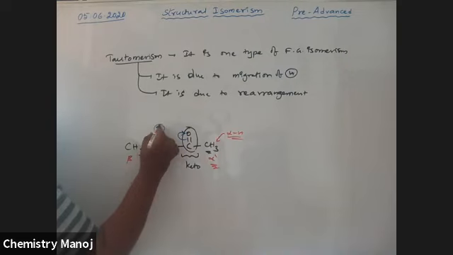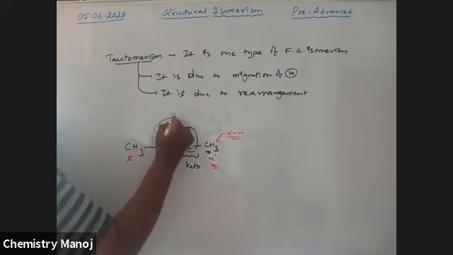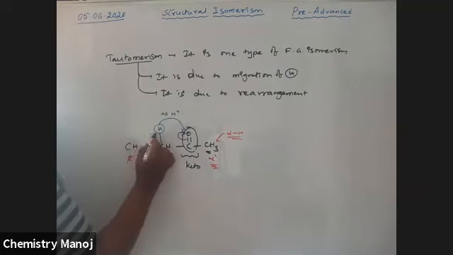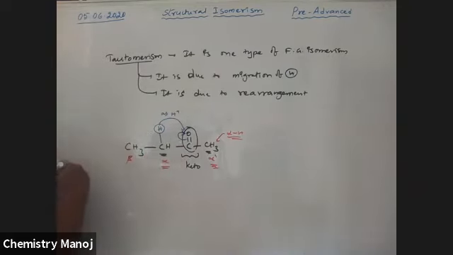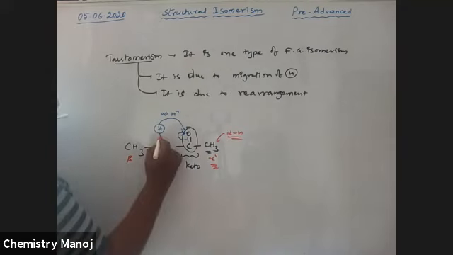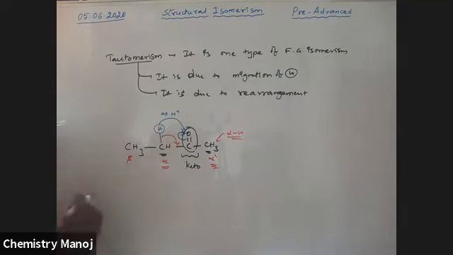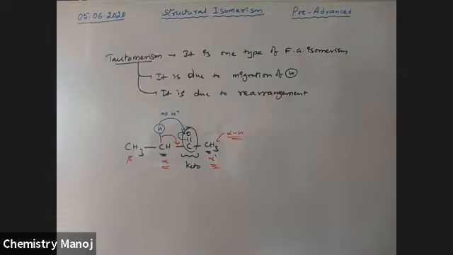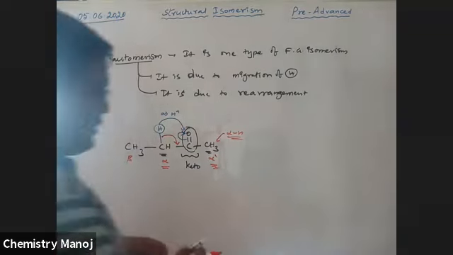This hydrogen, as H plus, jumps from here to here. This carbon-hydrogen bond is transferred. Just rearrangement: alpha hydrogen is migrated from the alpha carbon to oxygen.